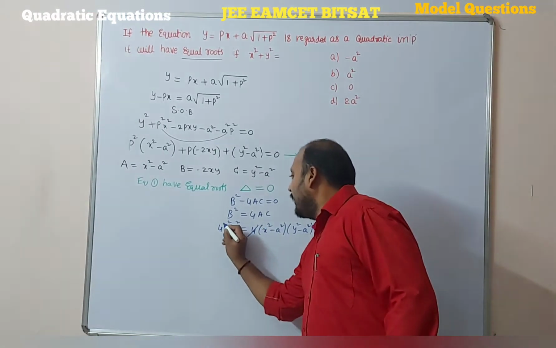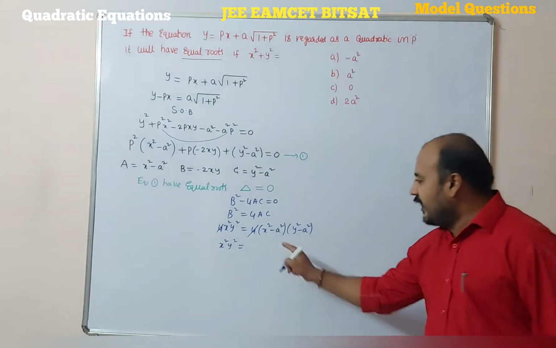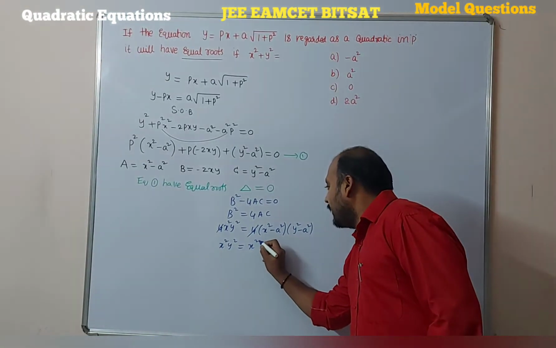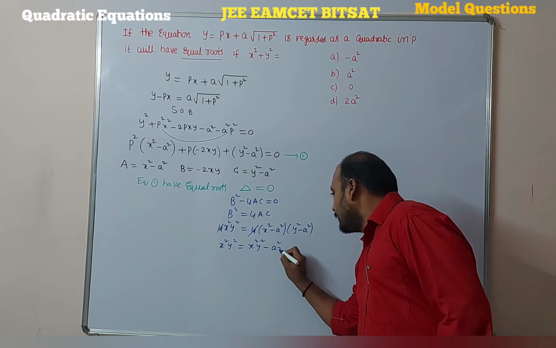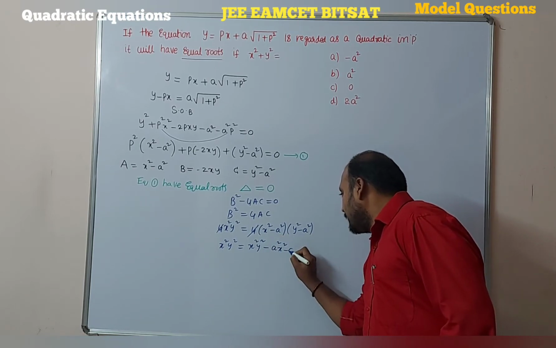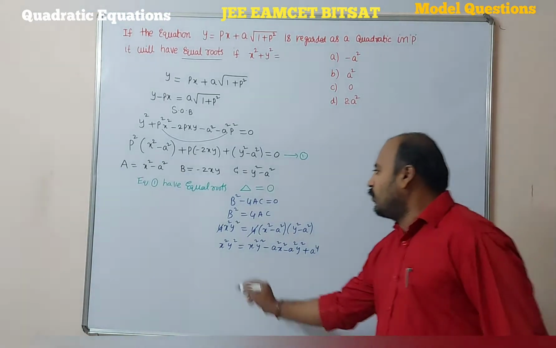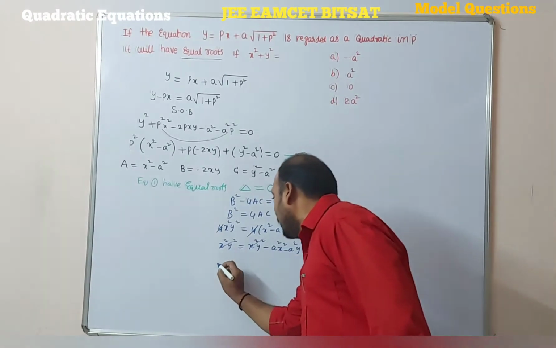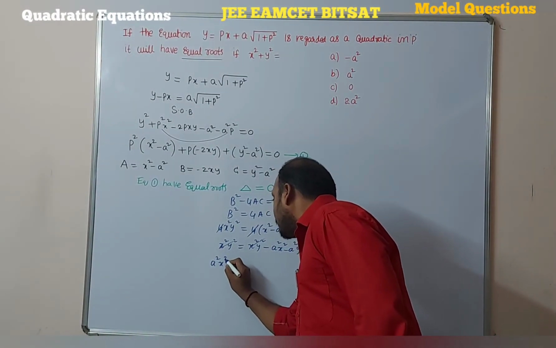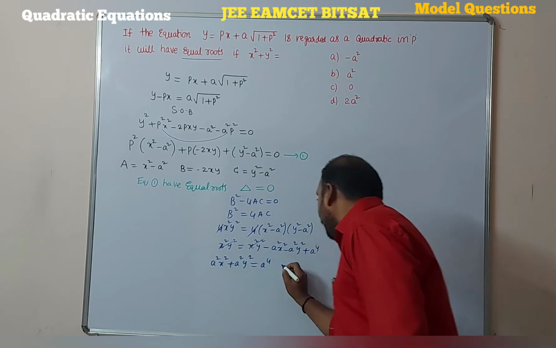So 4 gets cancelled. x²y² equals the actual multiplication: x²y² − a²x² − a²y² + a⁴. Both sides x²y² will be cancelled. Minus terms we can take here: a²x² + a²y² = a⁴.